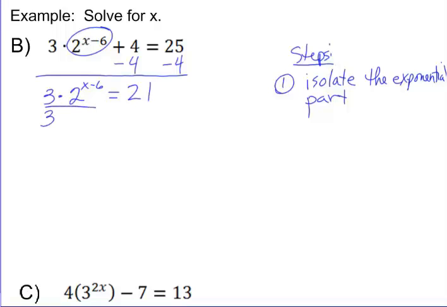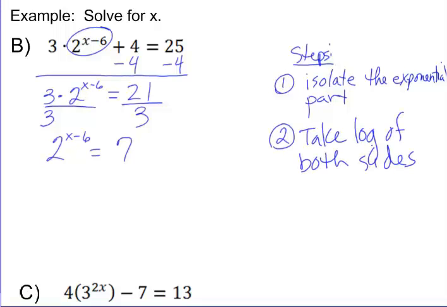Divide both sides by the 3. 2 to the x minus 6 equals 7. Okay, so we got that exponential part all by itself. Now what do you think we do? Take log of both sides. Okay, so we'll do log of 2 to the x minus 6 equals log 7.